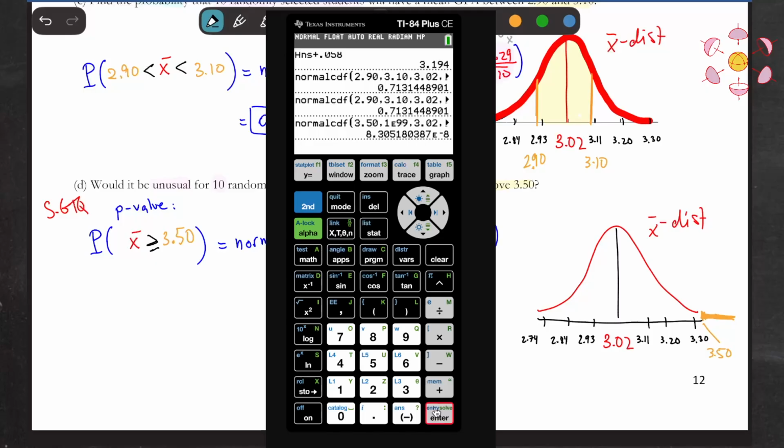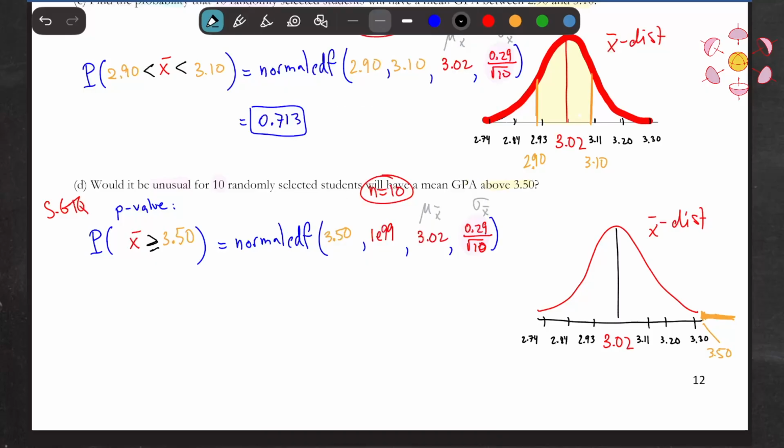Okay, so let's round it to 3 sig figs. That's 8.31, and then E negative 8. All right, so write that down. 8.31 E negative 8. Okay, that is the probability.